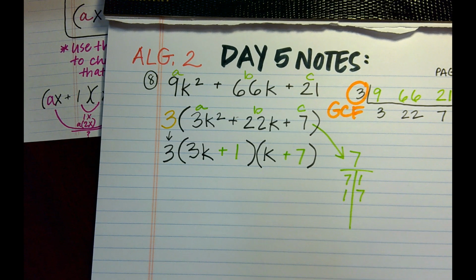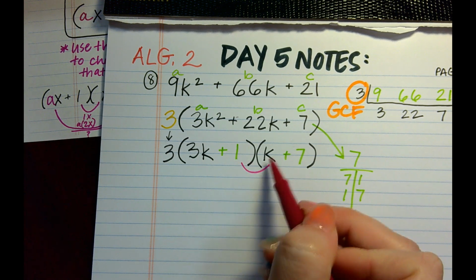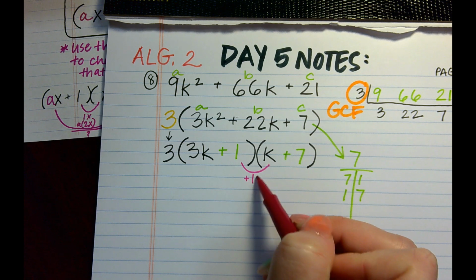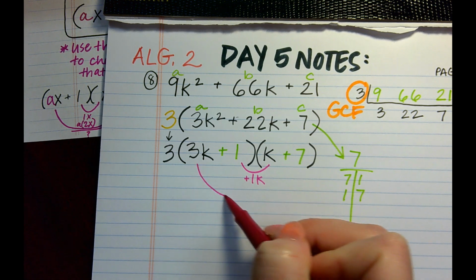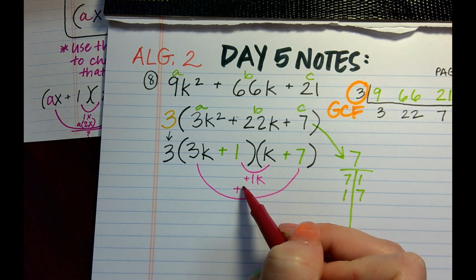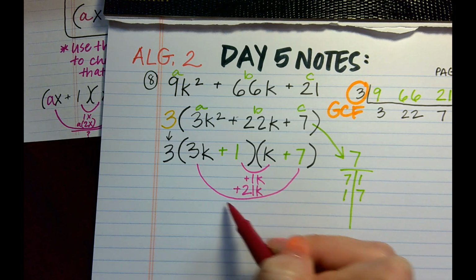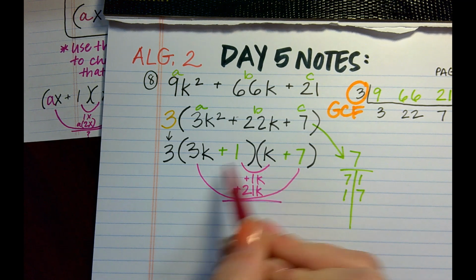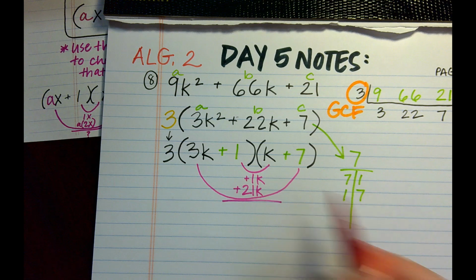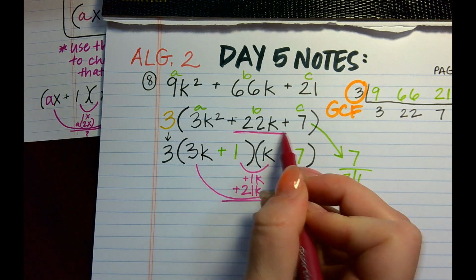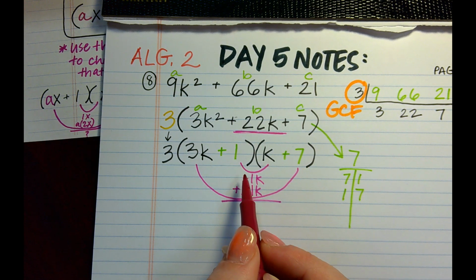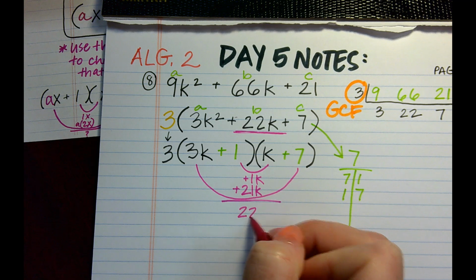All right. 1 times K is 1K. 3K times 7, 21K. What do these need to add up to? 22K, our middle term. 21K plus 1K is 22K.